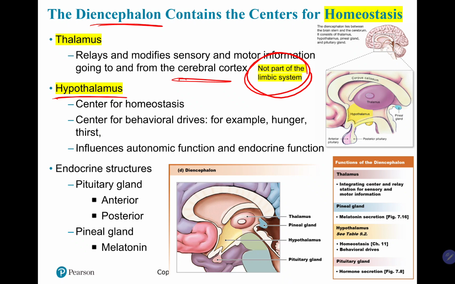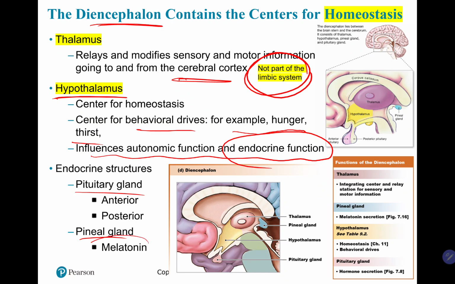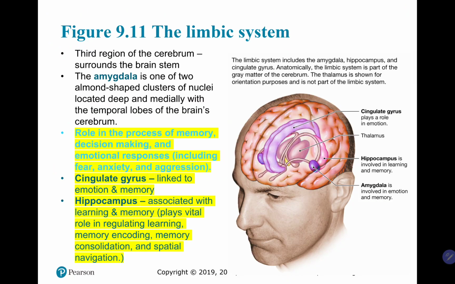It's the center for homeostasis. It's also the center for behavioral states such as hunger, thirst, things like that. It also influences autonomic function and endocrine function. When we look at the endocrine functions in the brain, we have the hypothalamus, the pituitary gland, and the pineal gland. The pineal gland produces melatonin.